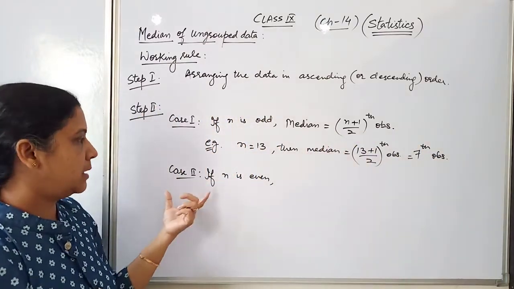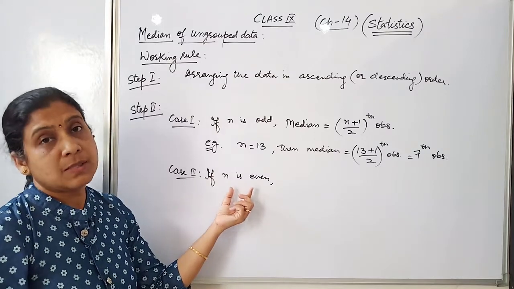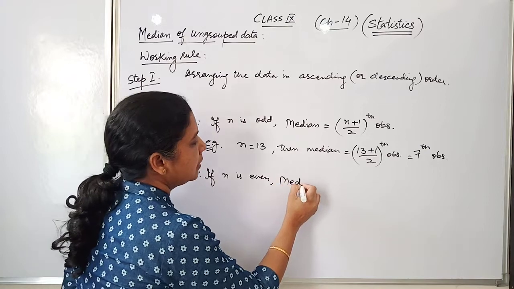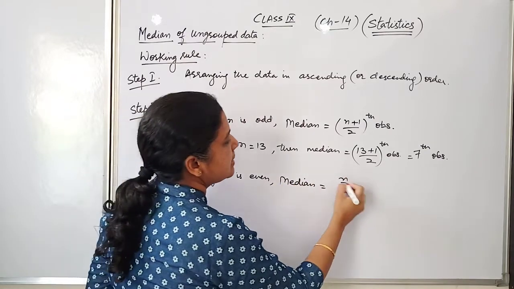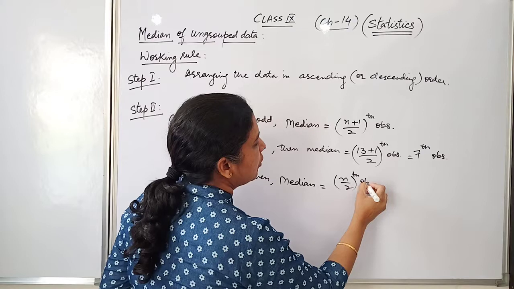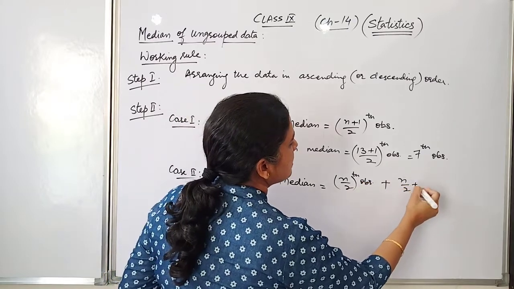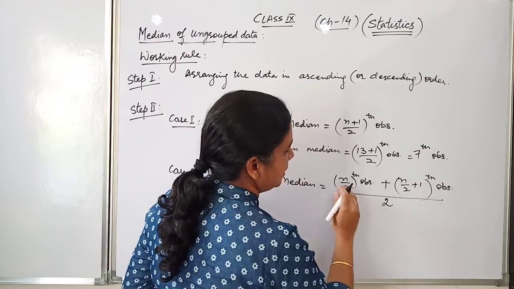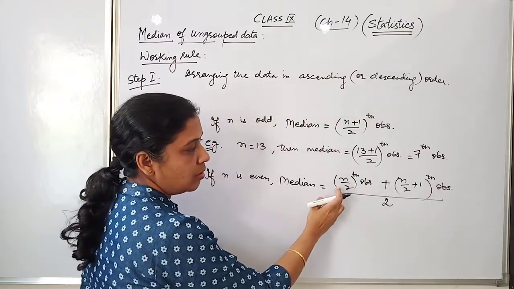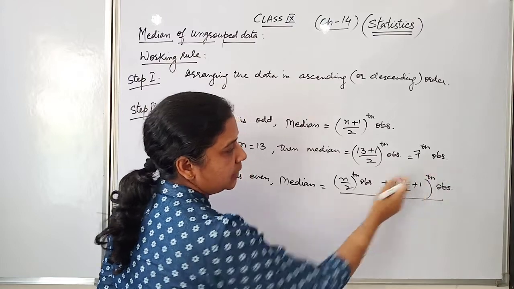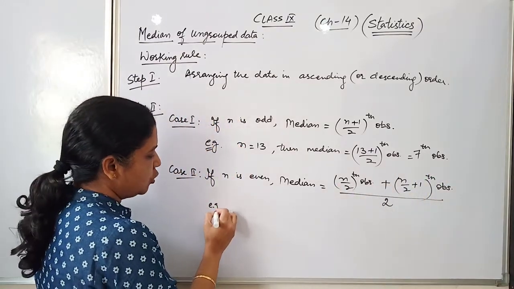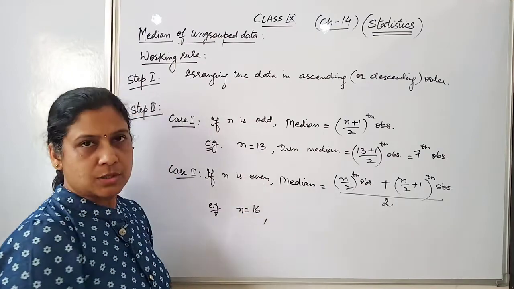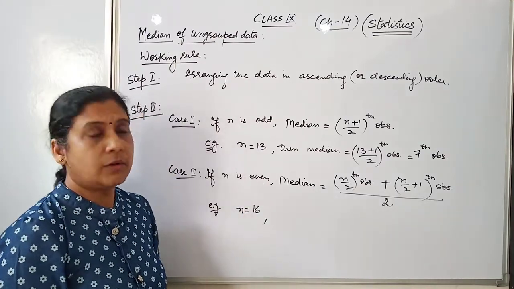And if you find that n is even, the number of terms is even, then you will go ahead with case 2. In this case, the formula for median is n by 2th observation plus (n by 2 plus 1)th observation, the consecutive observation, whole divided by 2. For example, you count the number of observations and it comes out to be 16, which is even.